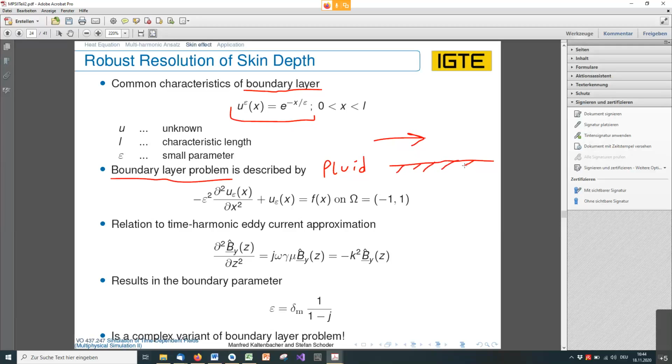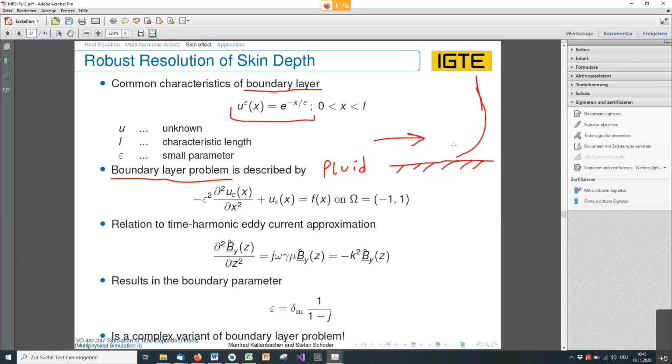Here I'm now drawing a wall, and typically if you have a Newtonian fluid, which means a fluid that is sticking to a surface, then you have shear forces in it, and you get a flow profile which is looking like this.